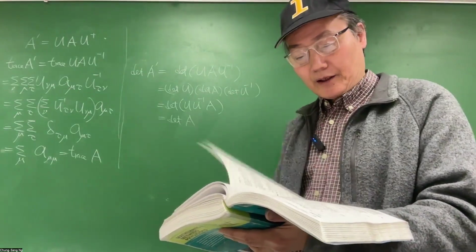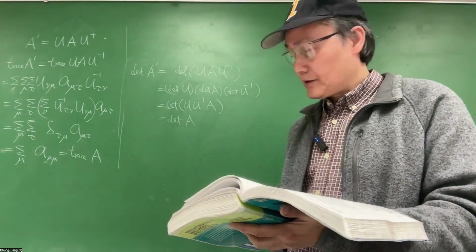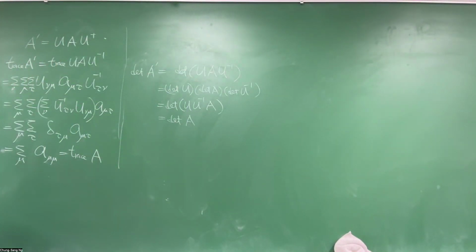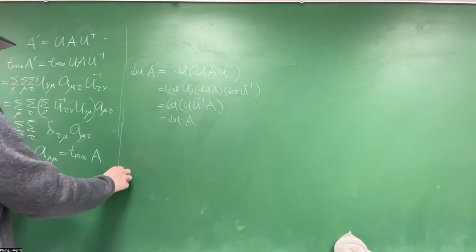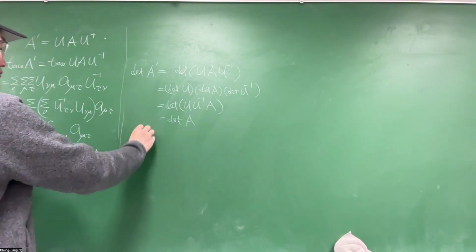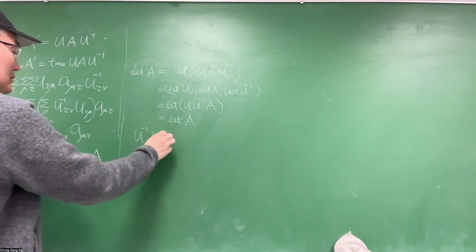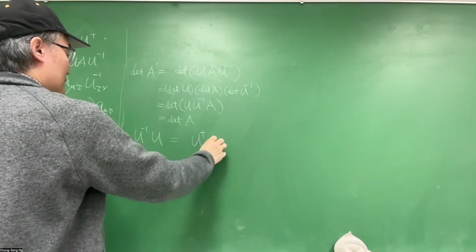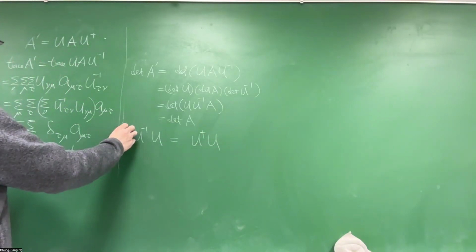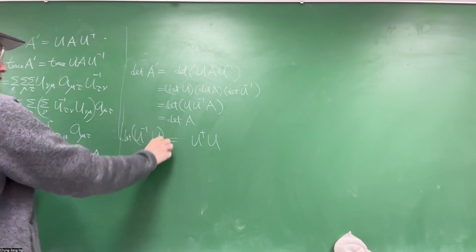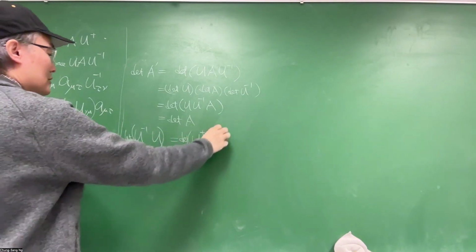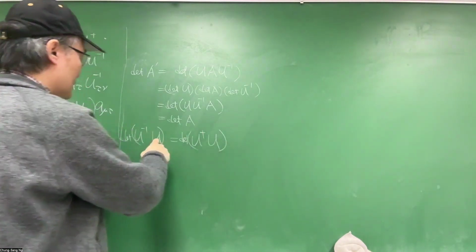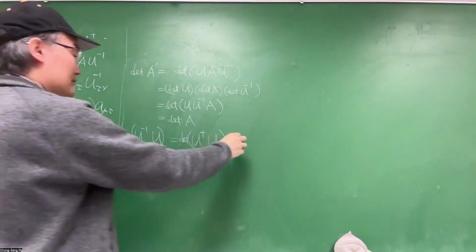That's the property. And I don't think I mentioned this before, but consider the determinant of a unitary matrix. U dagger U is the identity for a unitary matrix, and if you take the determinant of that, obviously it's just one, because the determinant of the identity matrix is one.